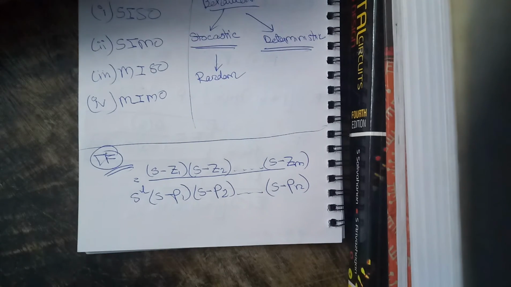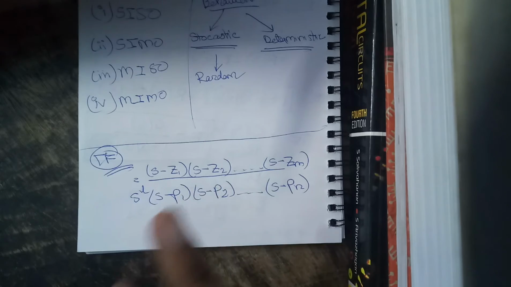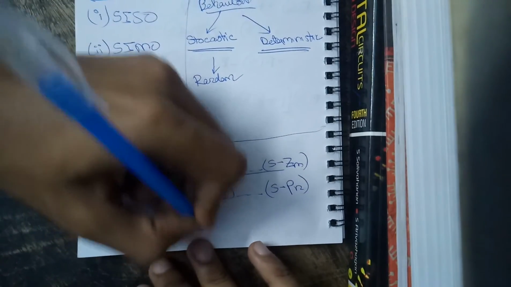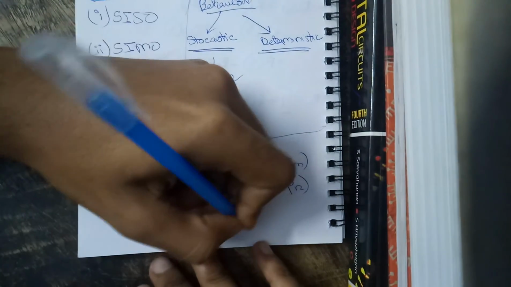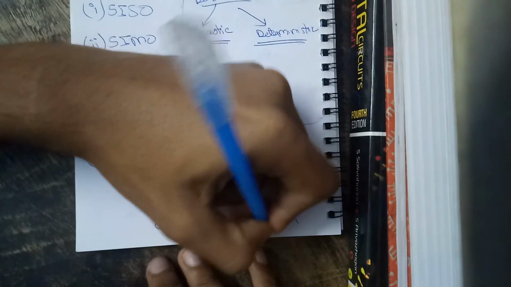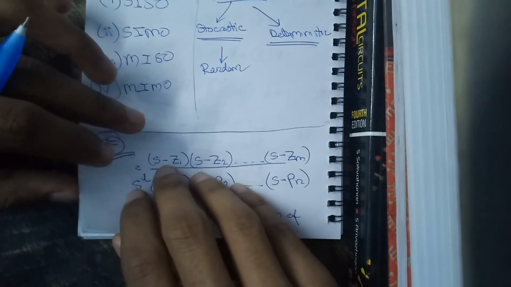Now for a transfer function, the number of poles should be greater than or equal to the number of zeros, because if it is not, then it is not a valid transfer function.